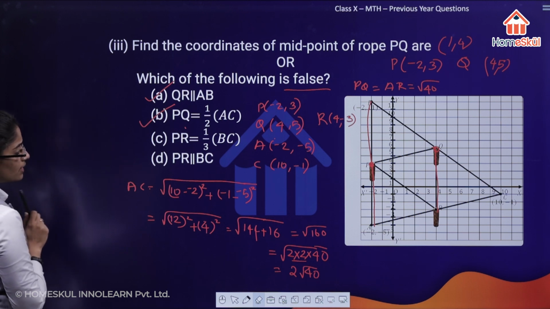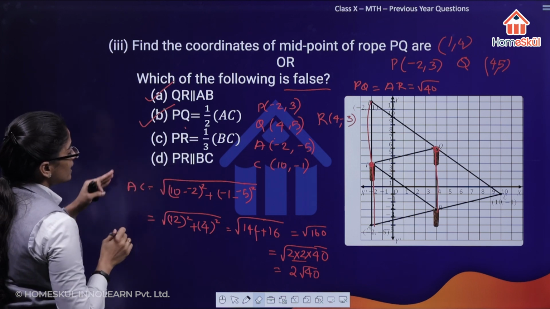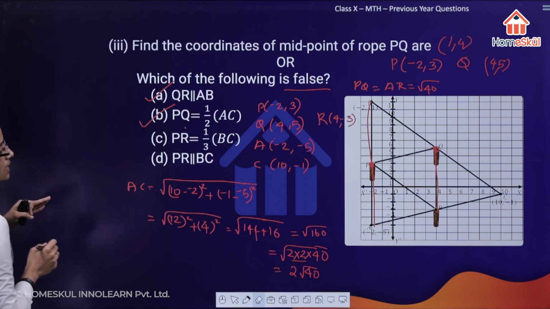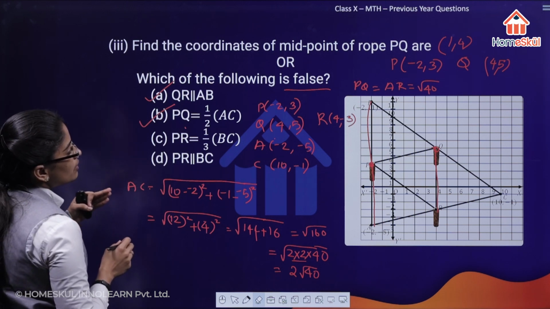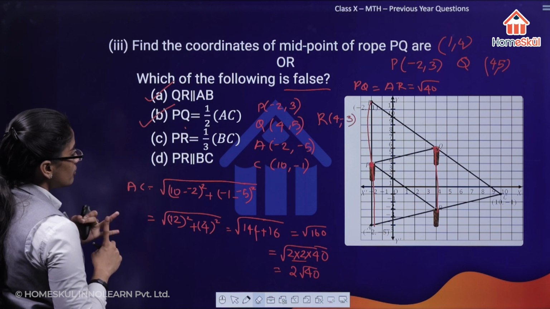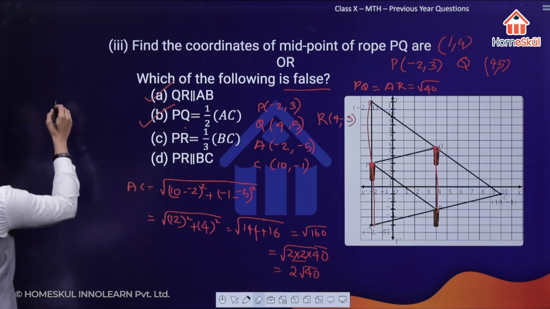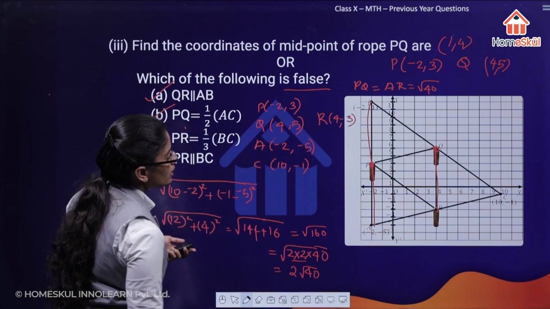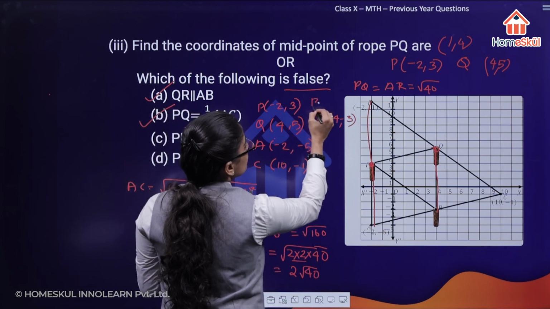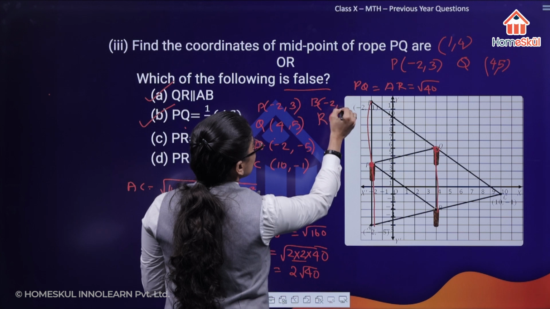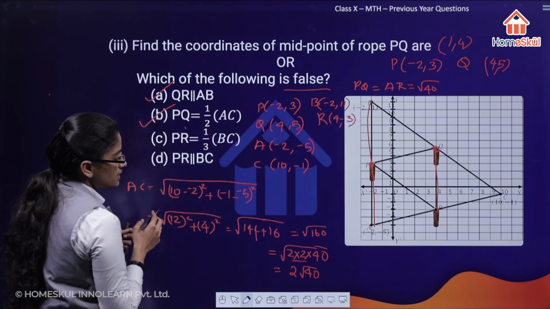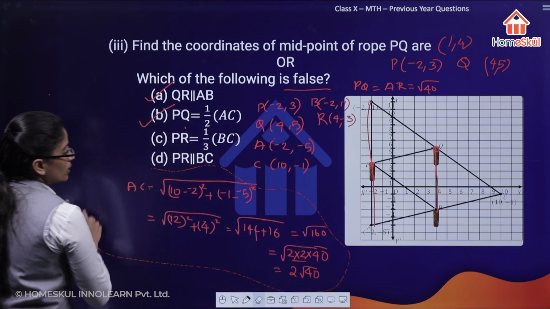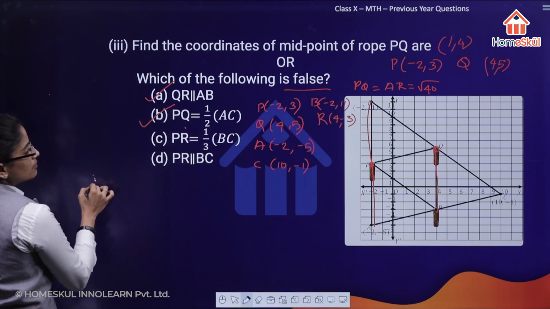Now we will be checking the third one, that is PR is equal to 1 by 3 of BC. We need to find the distance PR and the distance BC. So P coordinates are here, R coordinates are there. What is the coordinate of B? B coordinate is minus 2, 11, and the coordinate of C is here. So what is the distance PR?